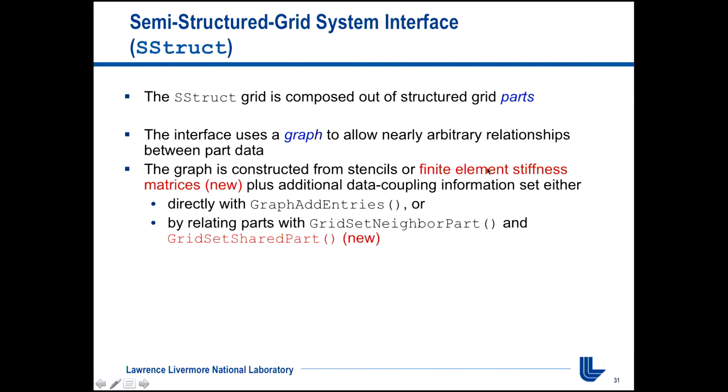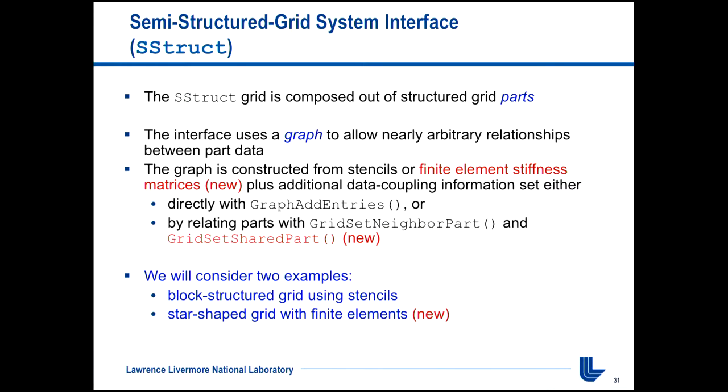That's the structured component of it. And then you have these other ways of gluing the different structured pieces together. Add entries is an arbitrary way to add coupling between unknowns. And then set neighbor part and set shared part are ways of doing this in a block structured grid setting. I'll show an example that uses the last two calls next.